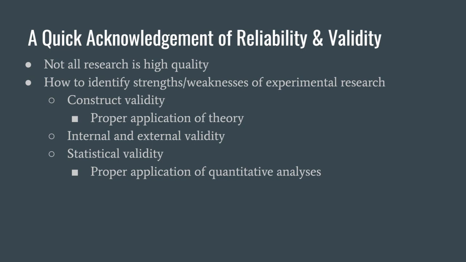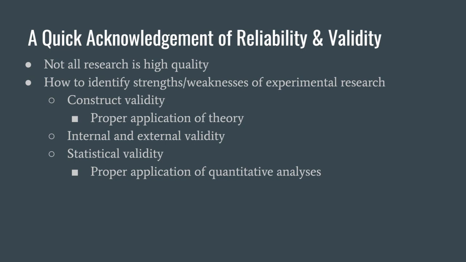We also have internal validity, and what that has to do with is whether you've controlled for extraneous variables. So you want to make sure that any papers that you're citing have properly controlled for extraneous variables, make sure their independent variable is the only explanation for their results, and that they're using consistent methodology to get their measurements.